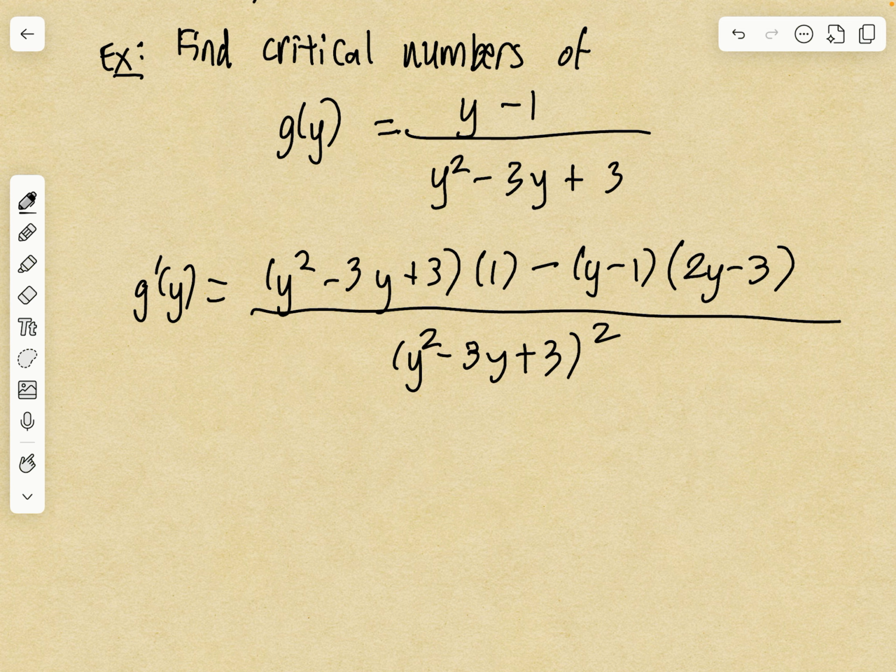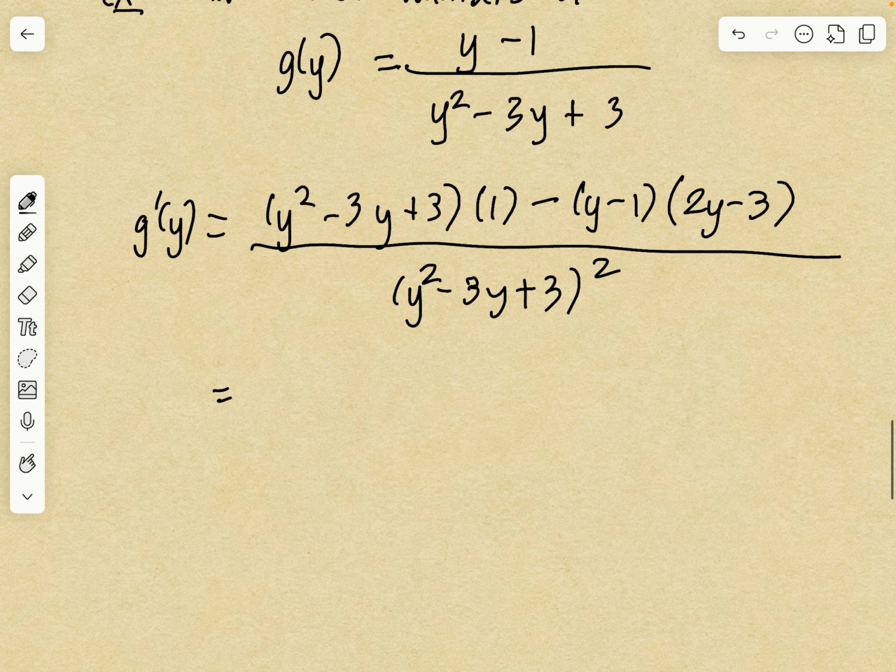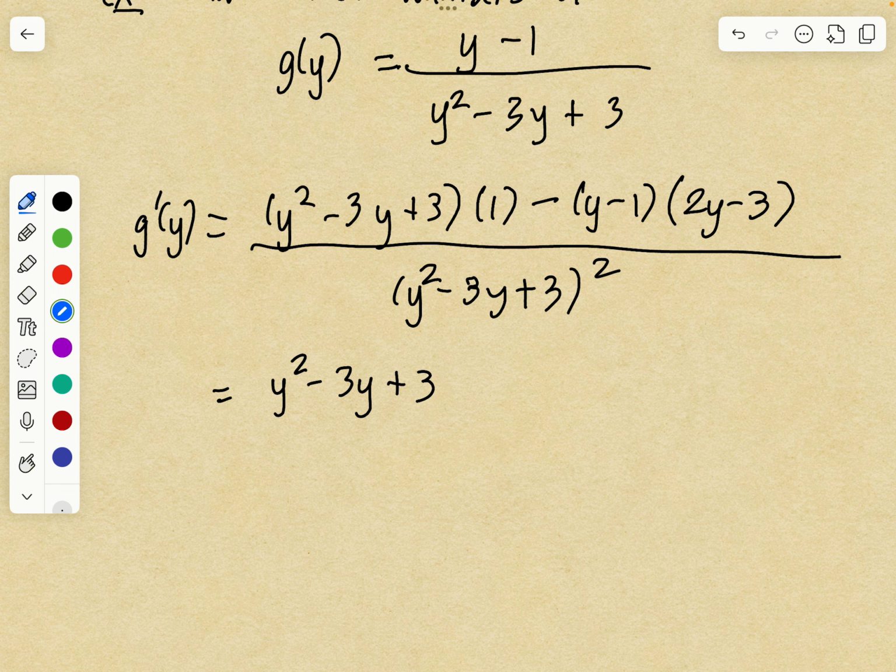Now let's simplify. I have to simplify the top. Let's not simplify the bottom because it's already factored out. In the top, I get y squared minus 3y plus 3. And then I have a minus, minus this whole thing. I'm subtracting this product, so first I want to figure out what that product is.